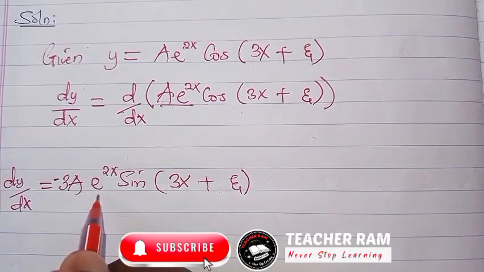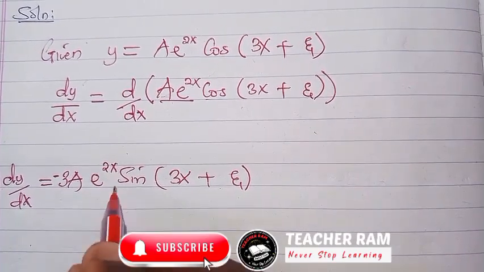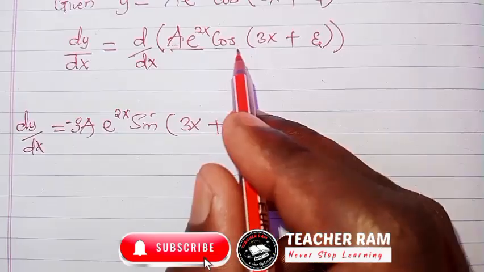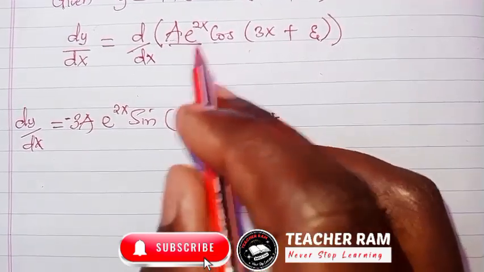So we have kept a e^(2x) as constant and differentiated this one, and now it is time to keep cos of this angle constant and differentiate the other.